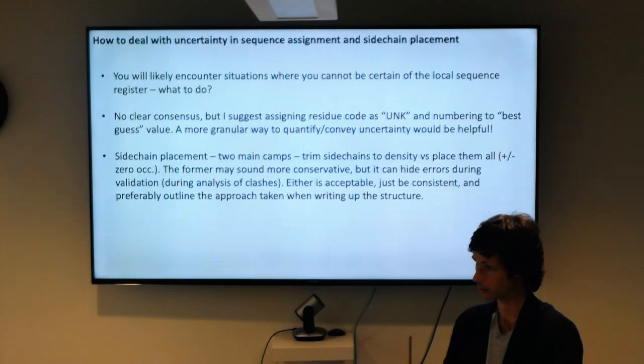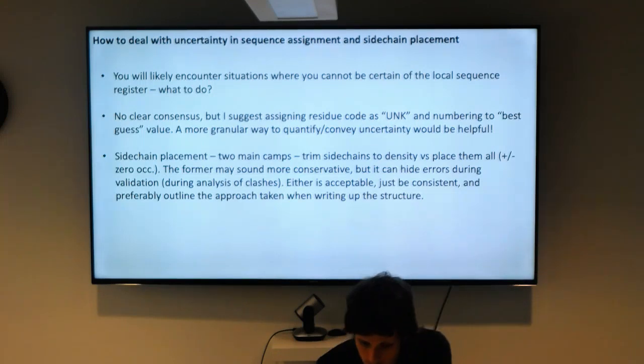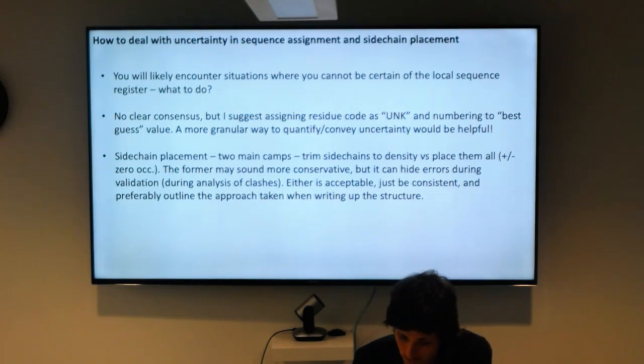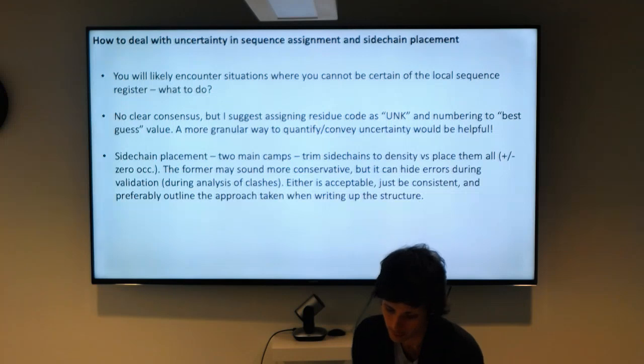You allow them to clash, and you can see it provides additional constraints on your model building. But either way is fine. I would just say be consistent and preferably specifically outline what approach you took when you're writing it out.